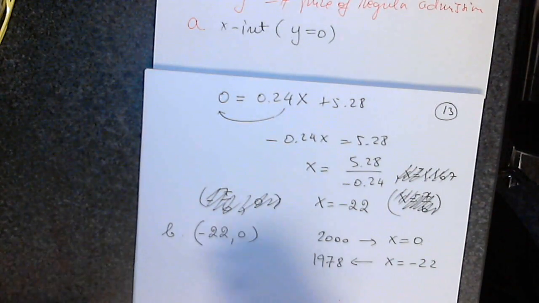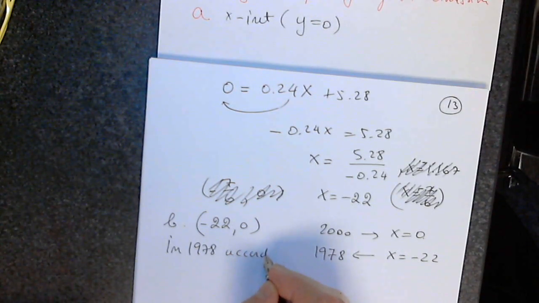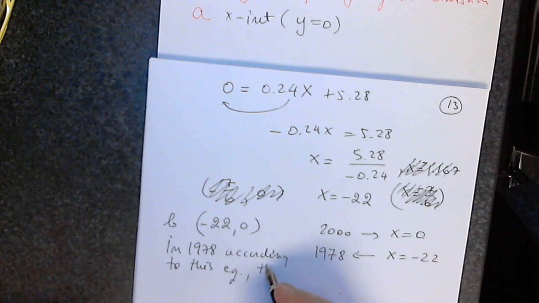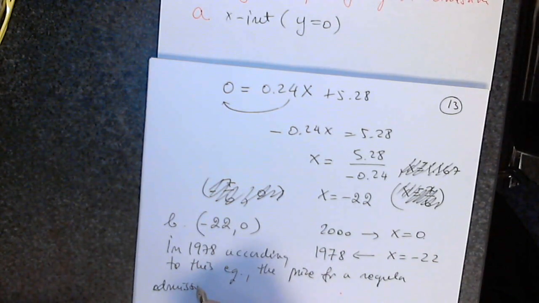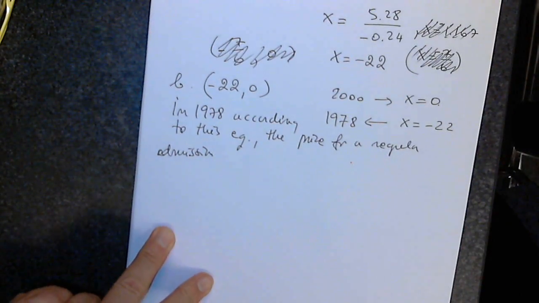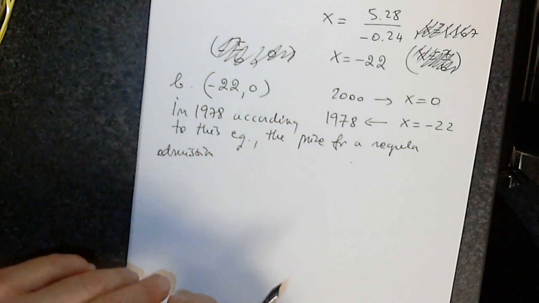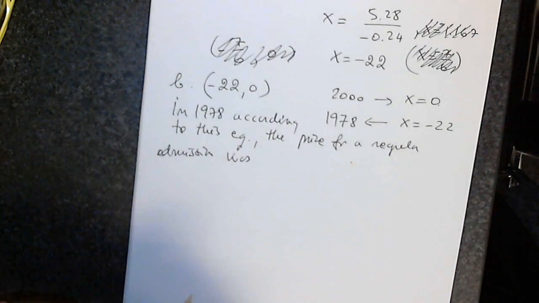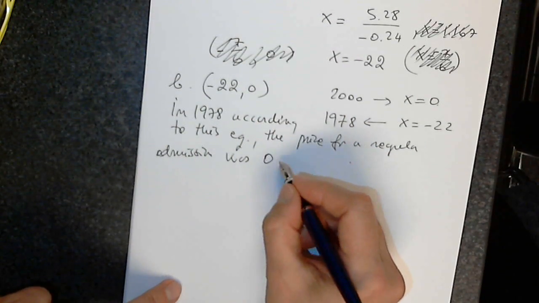So I would write: in 1978, according to this equation, the price for a regular admission, because y is the price and x is negative 22 years before, was $0.